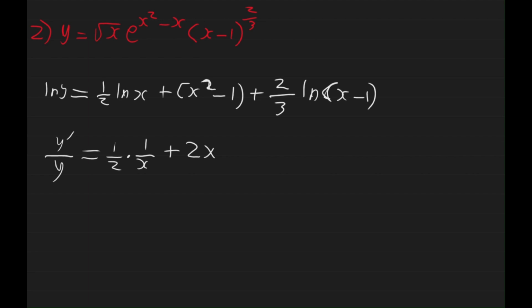All of this, we're differentiating this. Here we say plus the derivative of this, which is 2 over 3 multiplied by the derivative of ln, which is x minus 1. The derivative of x minus 1 is just 1. Now you can put y the other side and put it as this value.